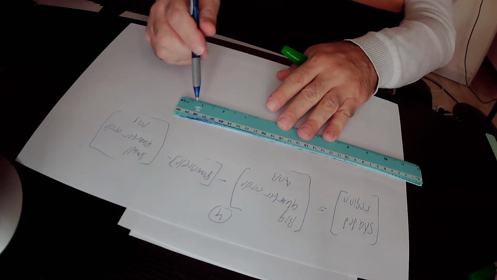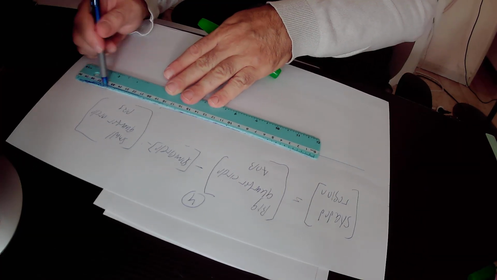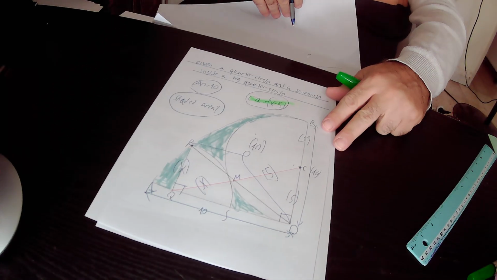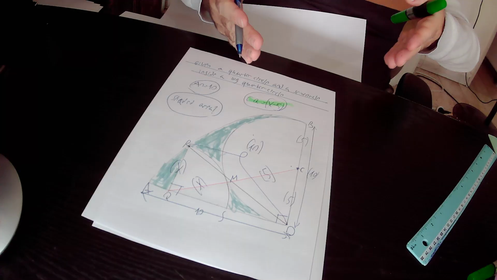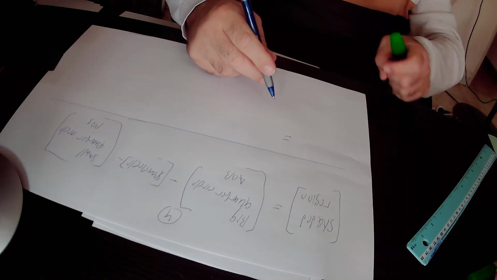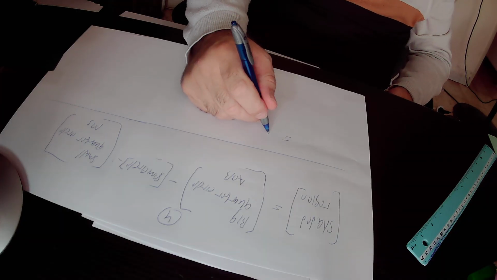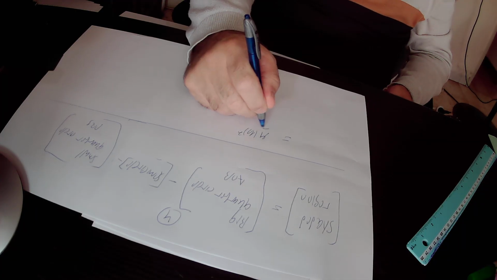What is the area of the big quarter circle AOB? Because the radius of this big quarter circle is 10, the area must be equal to pi times 10 squared over 2.